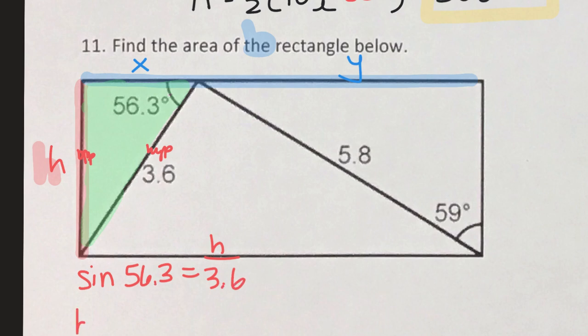And since your variable is on top, we're going to multiply in your calculator: 3.6 times the sine of 56.3. So that's how you're going to find the height. Now let's figure out how we're going to find the parts of our base. X. X is what side of our green triangle?